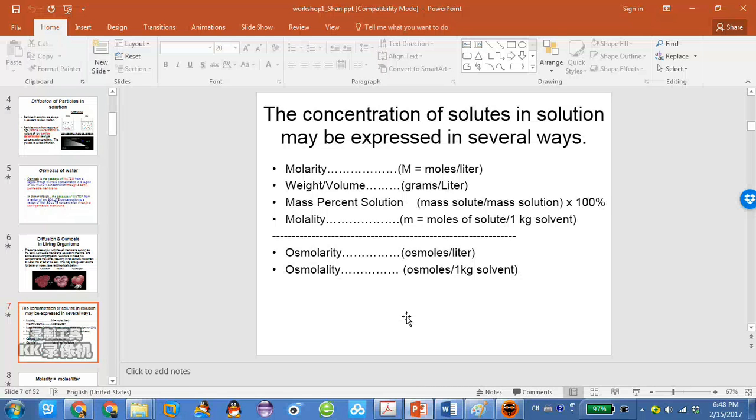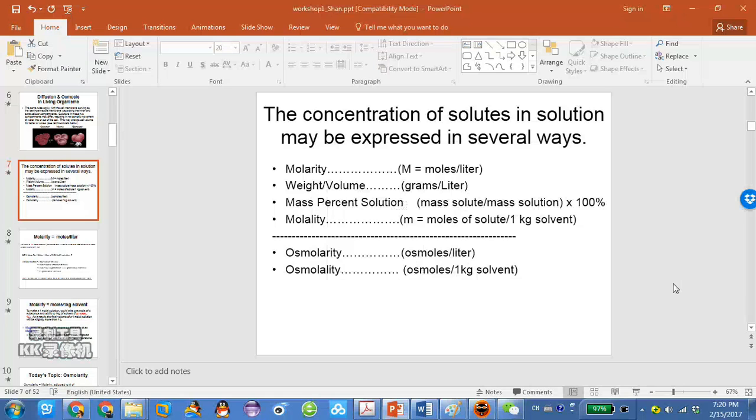So you just use the weight of solute over the weight of the solution, and then you multiply the ratio by 100% to get the mass percentage solution. For example, for physiological saline, you have a 0.9% saline solution. The last one, molality. Molality is very similar to molarity.